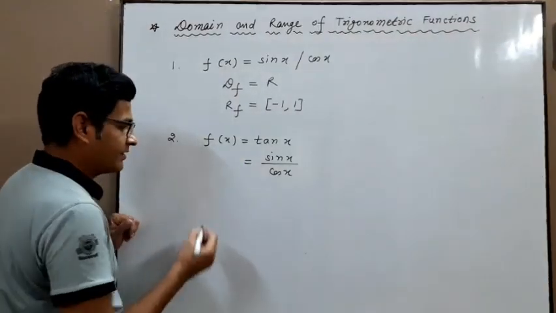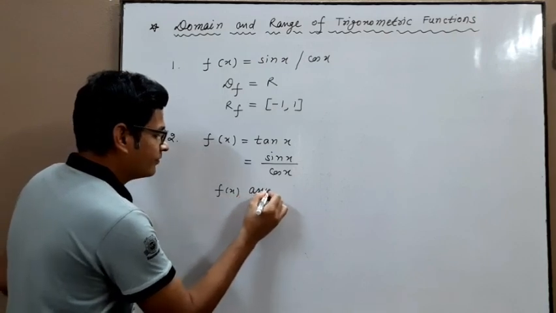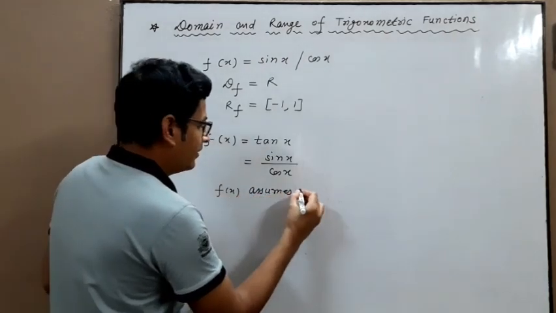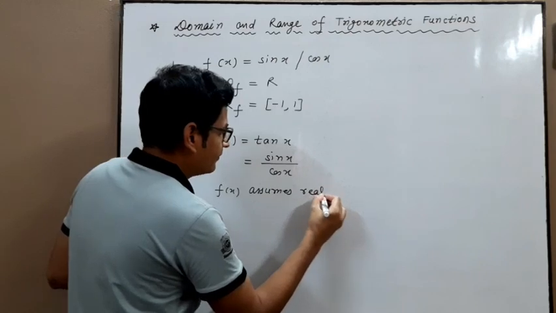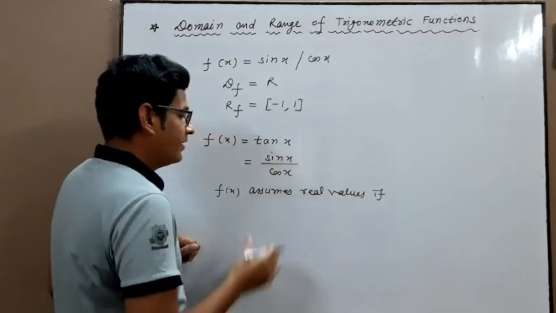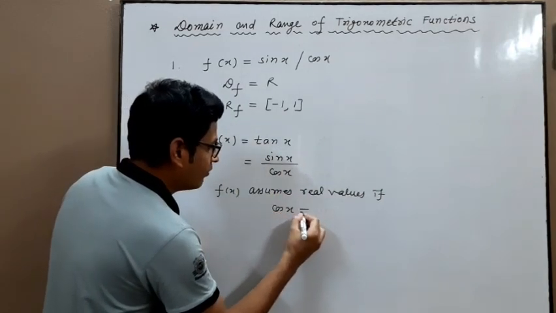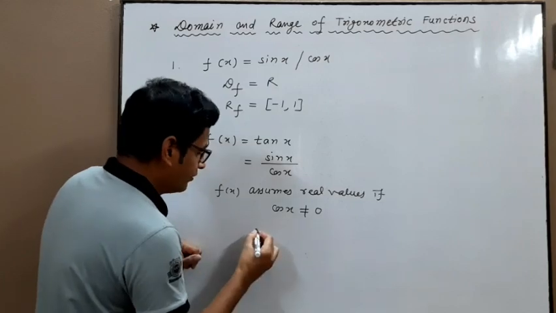Now find the domain of this. f(x) assumes real values if the denominator is not equal to 0, so cos x is not equal to 0.